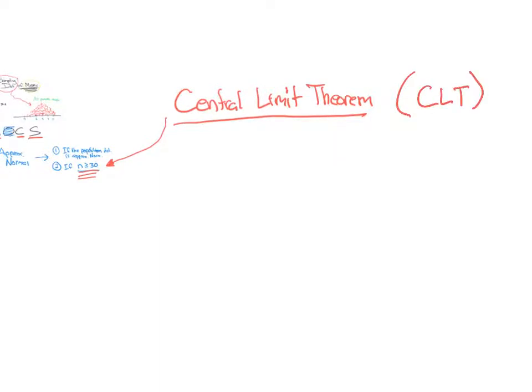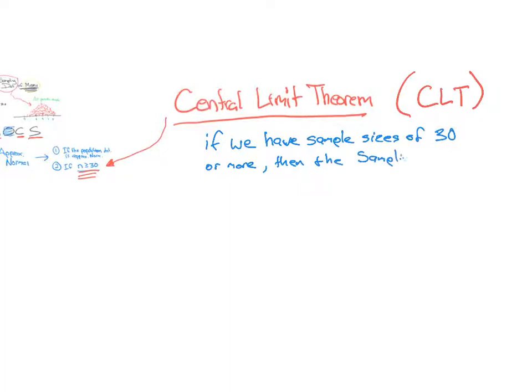Here's what the central limit theorem says. If we have a sample size of 30 or more, then the sampling distribution of means, right? So that means I have to be looking at the means, not the proportion.